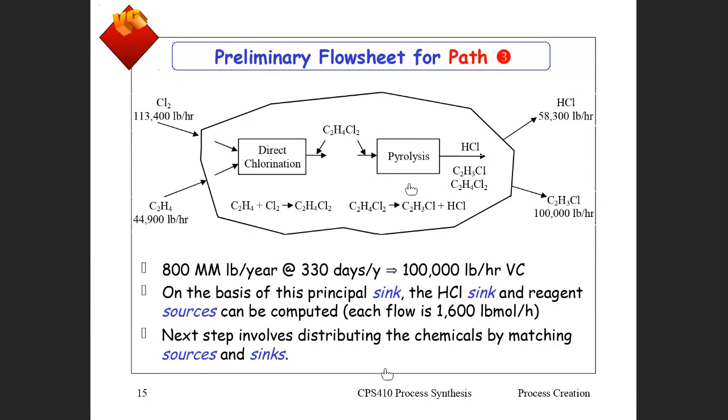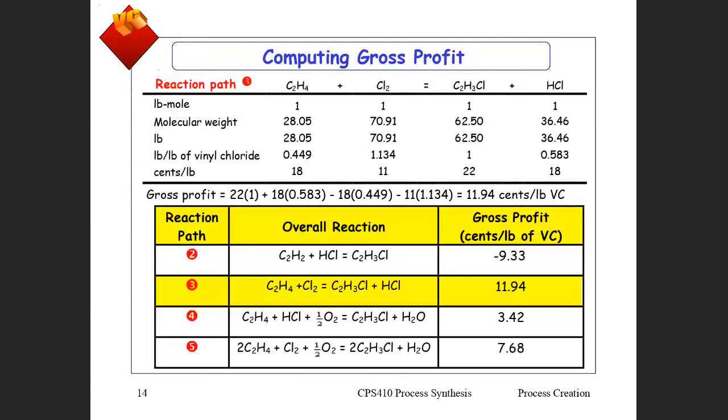Yes, you do take into account the possibility of selling the products. Let's just go back to that gross profit. So yeah, here's the reaction path 3, and we know that the hydrogen chloride is 18 cents per pound. So you do take that into account.